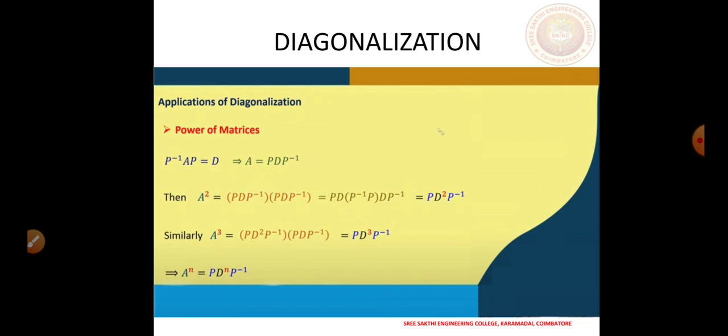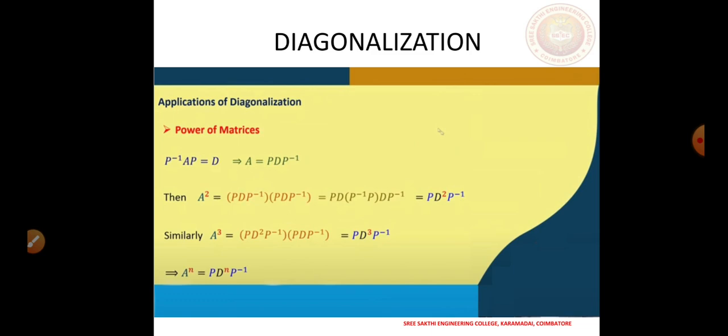So we get out of this relation A equals P D P inverse.